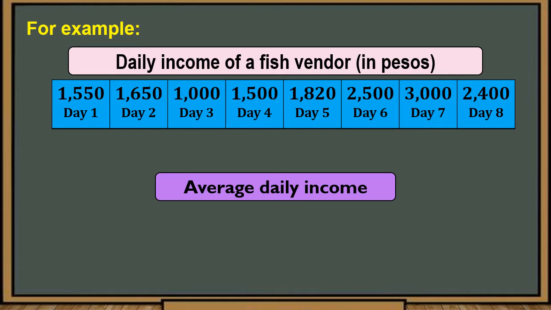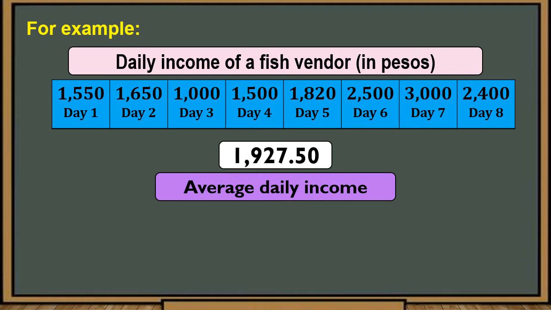By doing that, we get the result as 1,927 pesos and 50 centavos. If a vendor is asked how much he earns for a day, he might answer that he earns an average income of about 1,927 pesos and 50 centavos for a day.